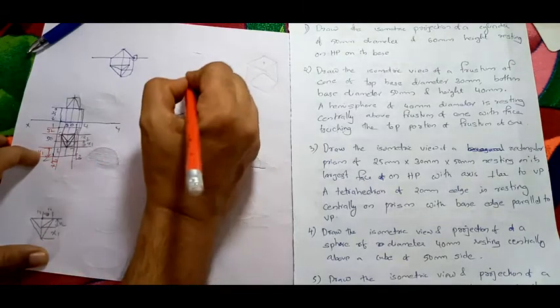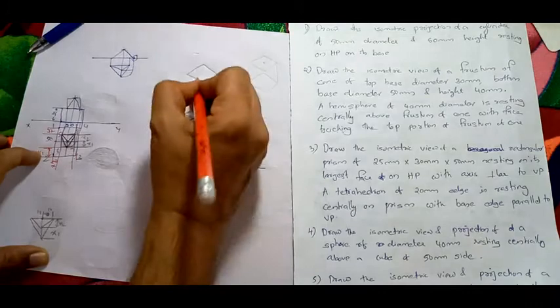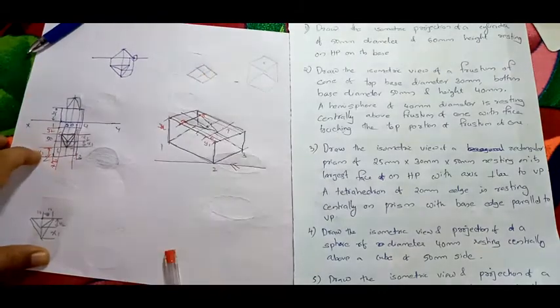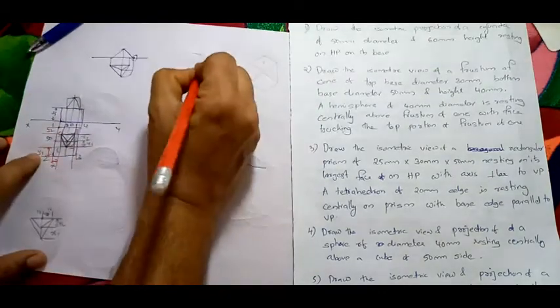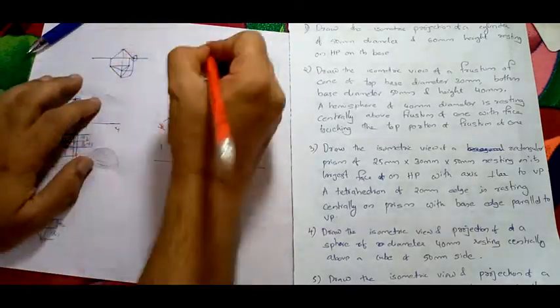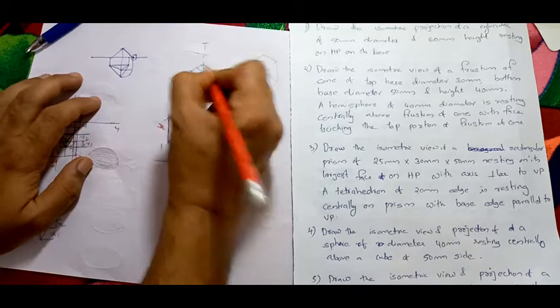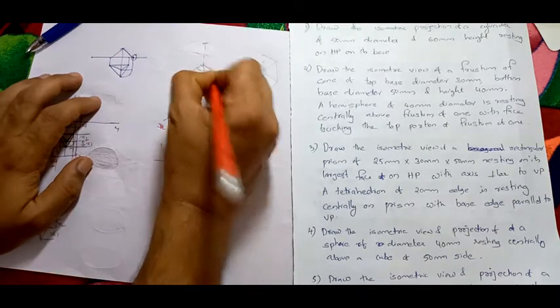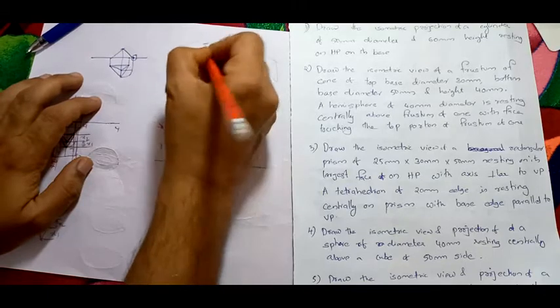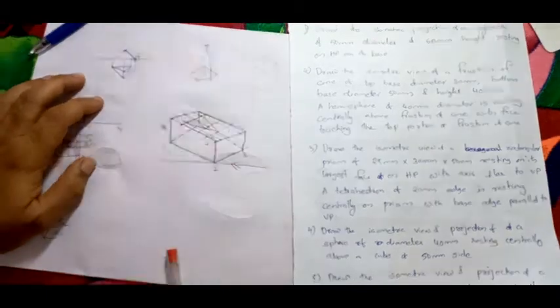Instead, what you can do is place it like this, then find the center here itself. Now draw the axis, take the axis length. If it is a pentagon pyramid, it will be like this. So from the axis you have to join. See, like this you can join and complete.